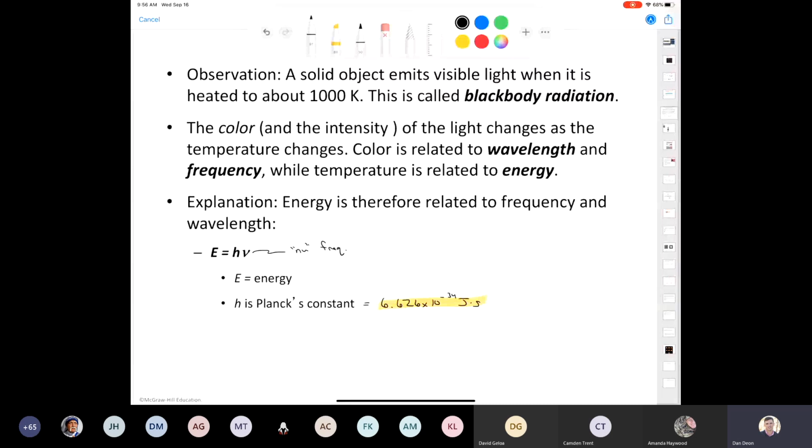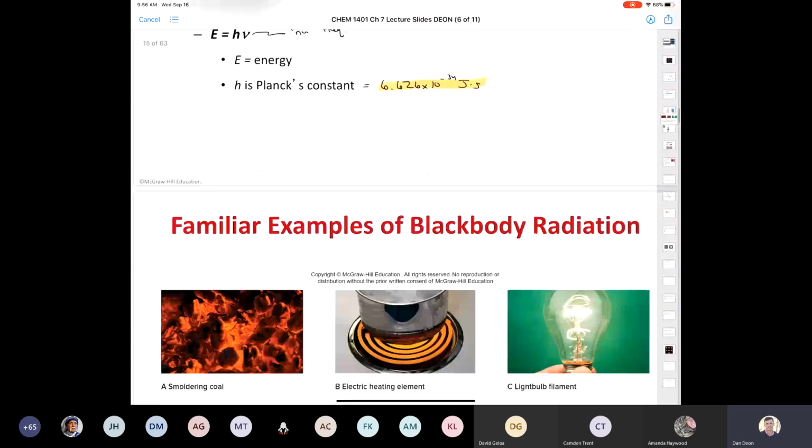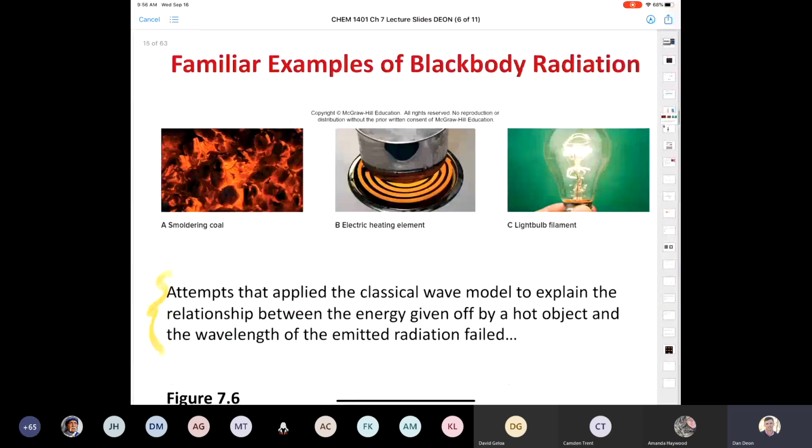Now, I kind of got ahead of myself here, but I was dying to show you blackbody radiation, because I remember hearing about it for the first time and thinking, what is that? The thing is, when they tried to make the connection between the energy of the heat given off and the wavelength of the light, it didn't connect.